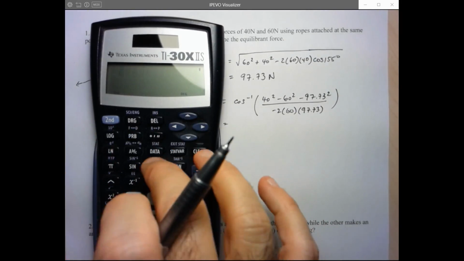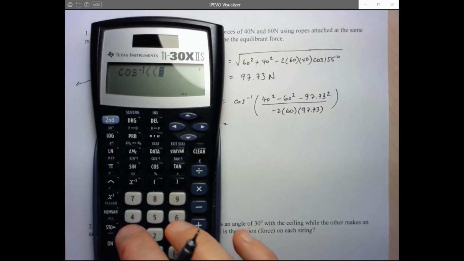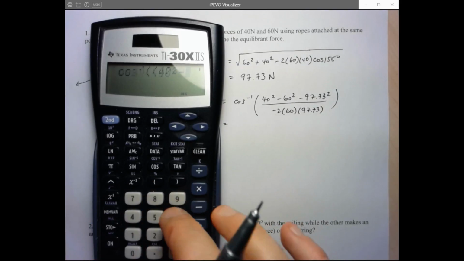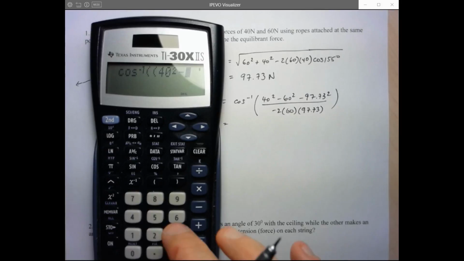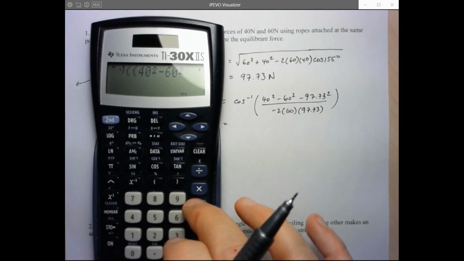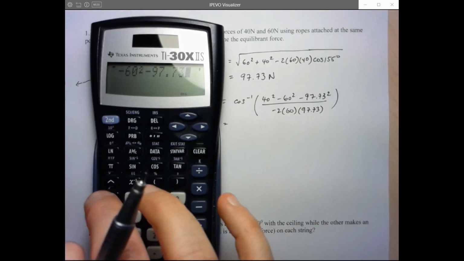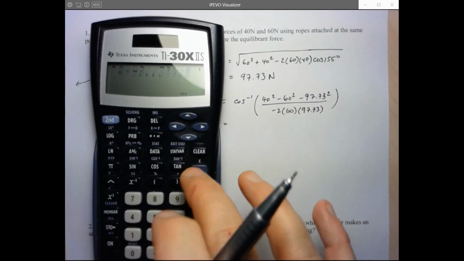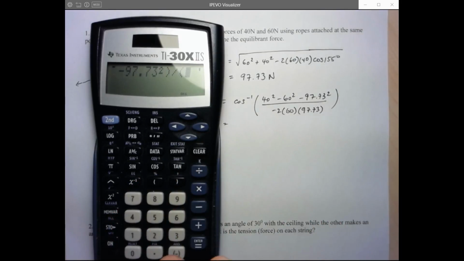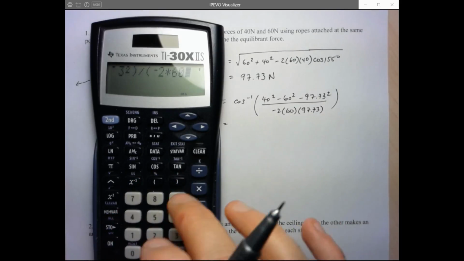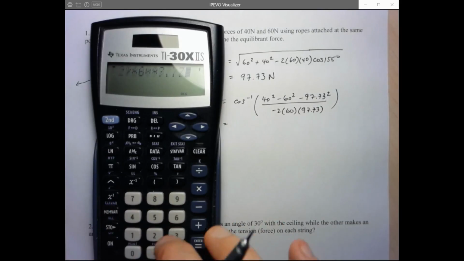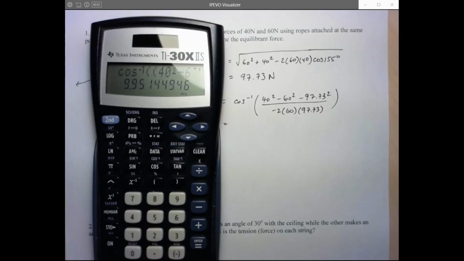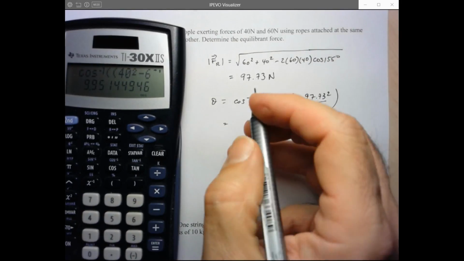Okay, so cos inverse, open the bracket for the numerator, 40 squared minus 60 squared minus 97.73 squared, close brackets, divided by, open brackets again, negative 2 times 60 times 97.73. All right, and that gives us 9.95.